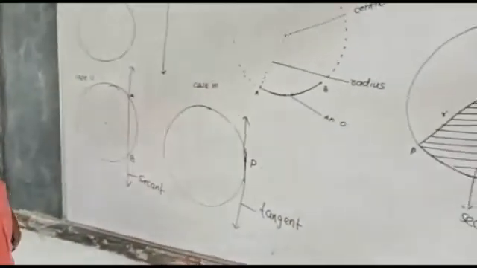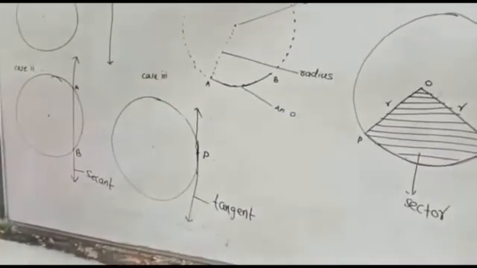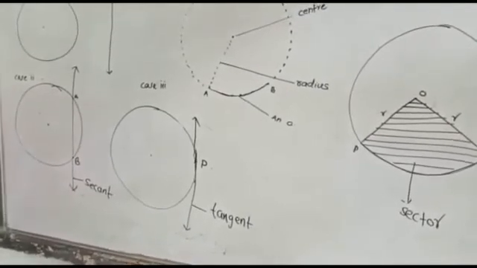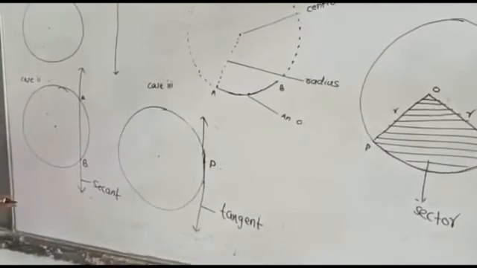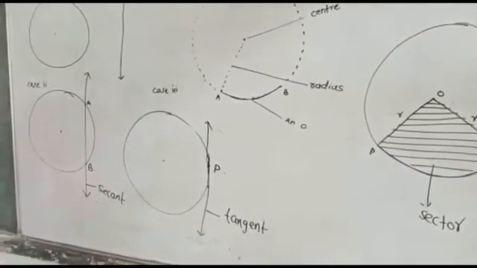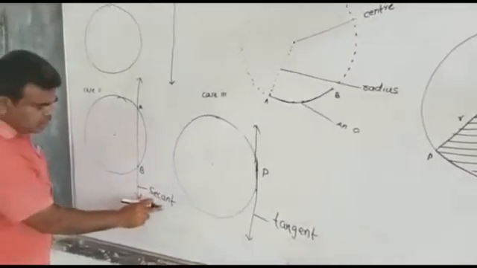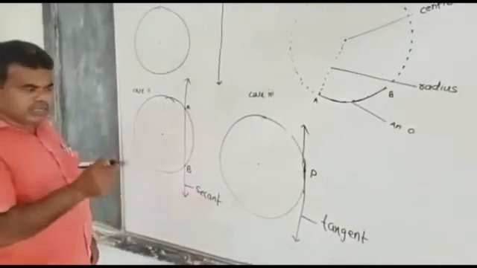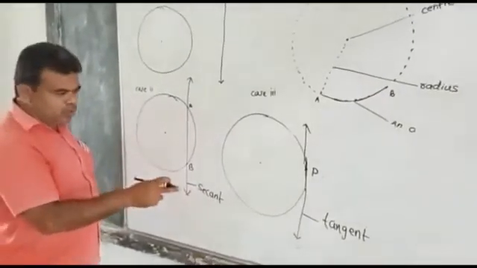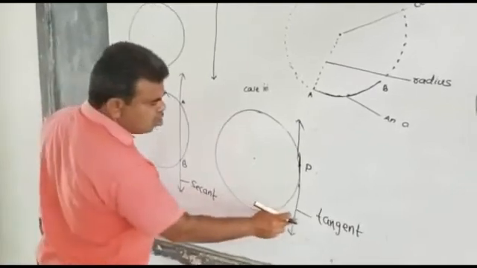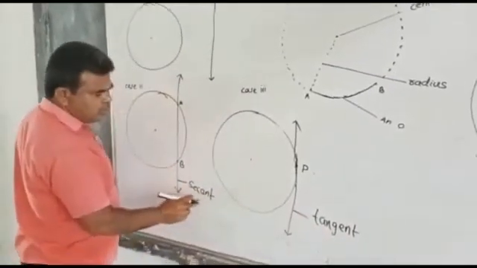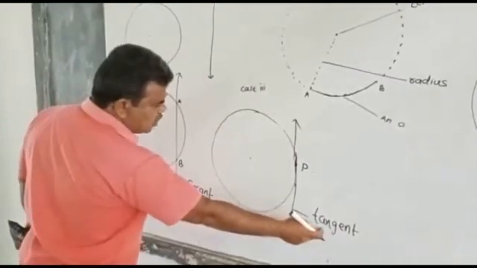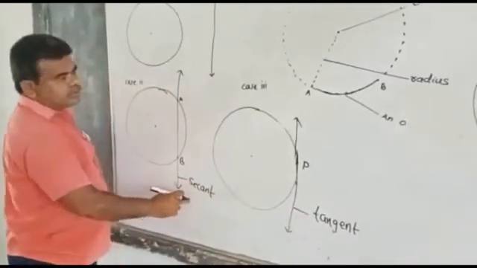That means if a line and a circle intersect at 2 points, that line is called a secant. If a line intersects a circle at one point, that line is called a tangent. That is the difference between tangent and secant.